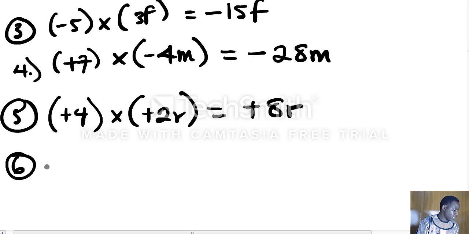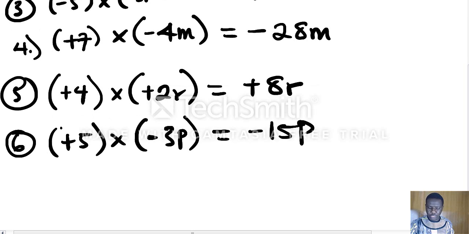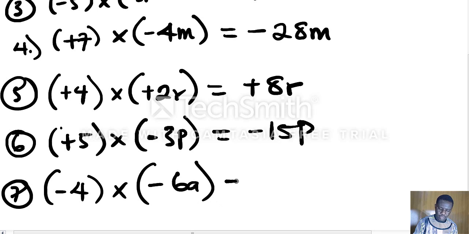Number 6 is plus 5 to be multiplied by minus 3p, which will give us minus 15p when you multiply. Number 7 is minus 4 to be multiplied by minus 6a. This is going to give us negative times negative is positive 24a.